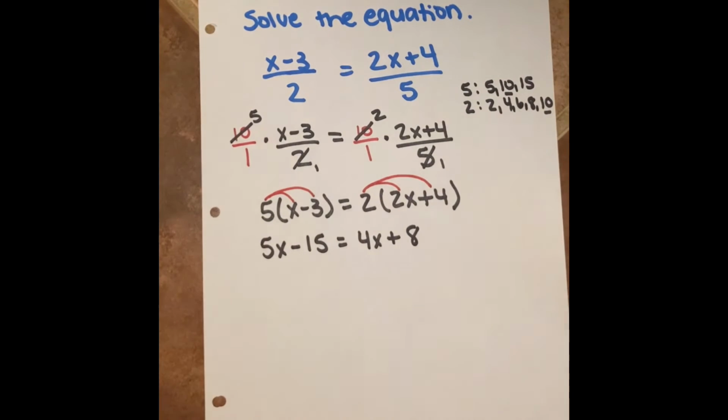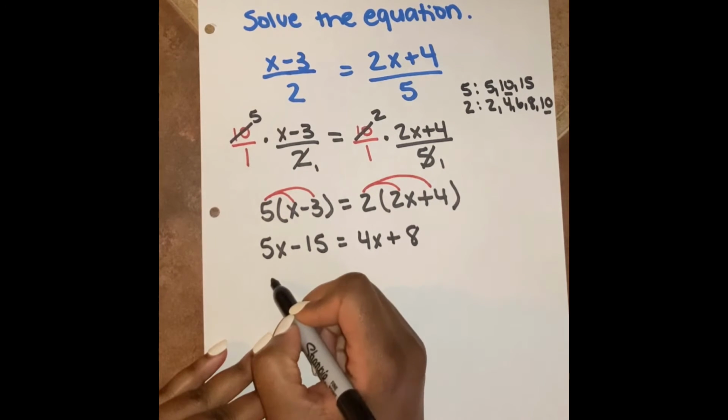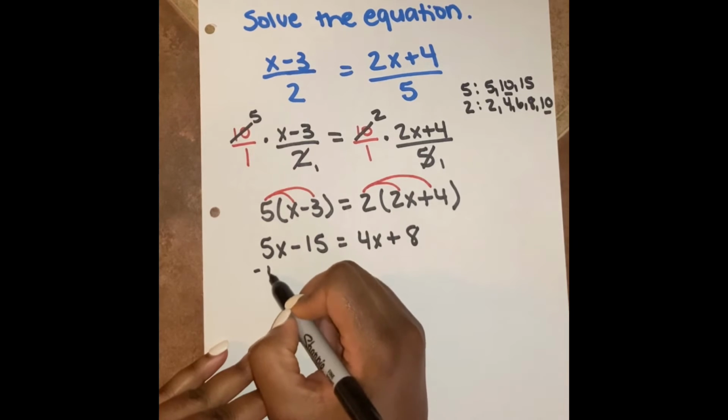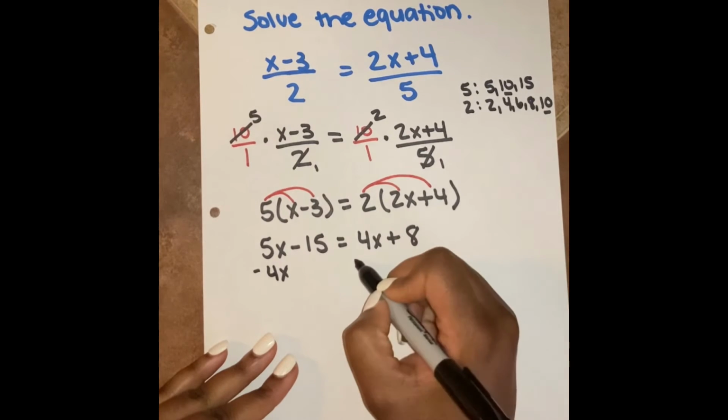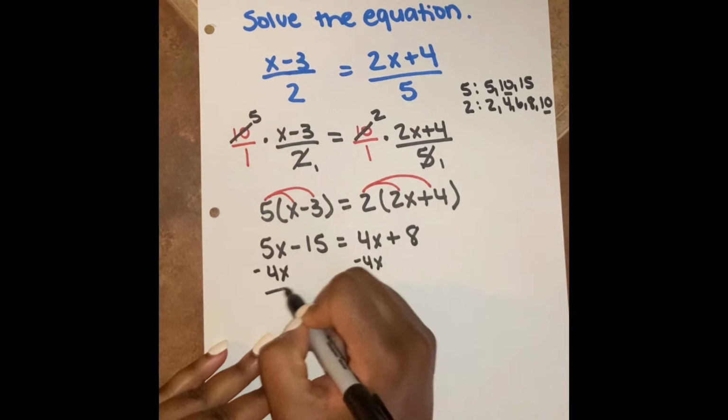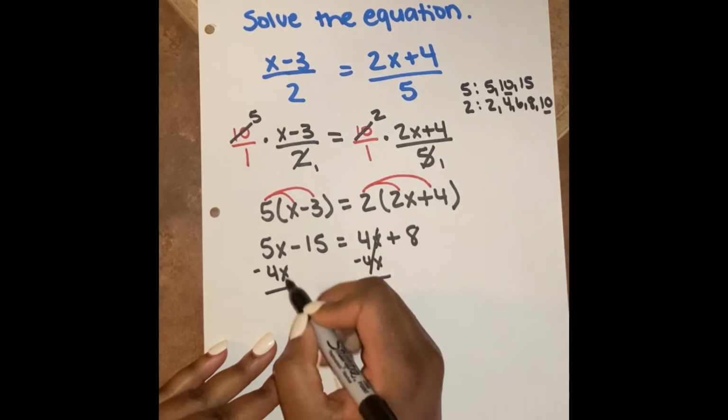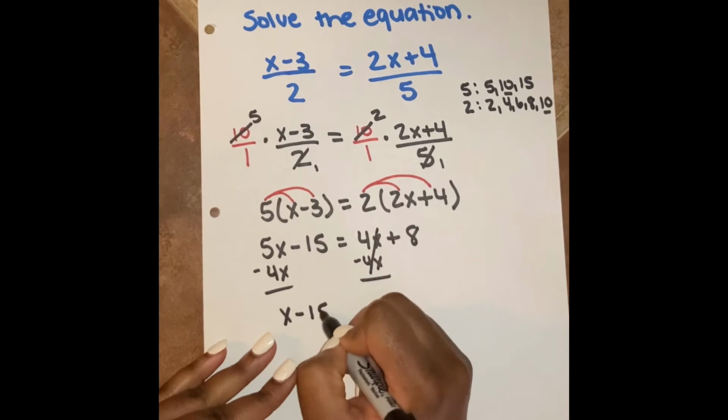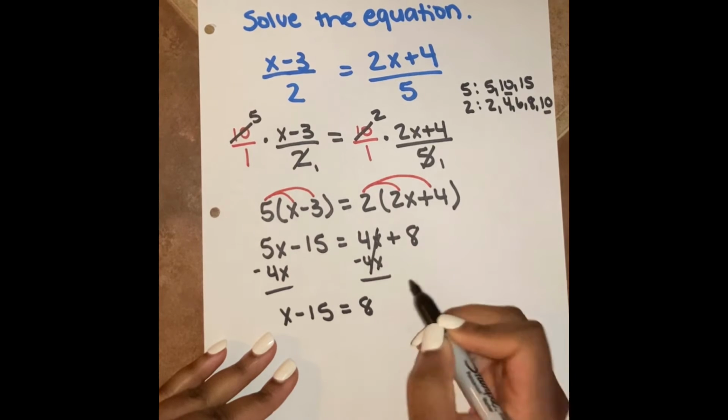So in situations like these, I like to get x by itself first, and I like to keep x positive when possible so that I don't mess myself up with my signs. So we can say 5x minus 4x. Okay. And then that cancels, and this leaves us with x minus 15 is equal to 8.